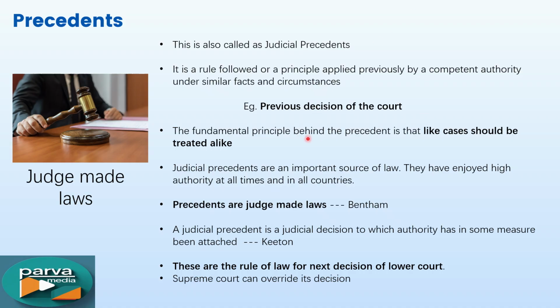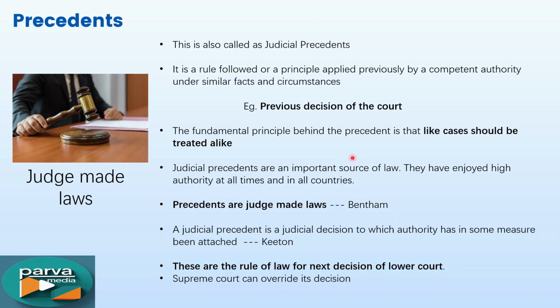The core idea here is fairness and consistency. The core idea why we need precedents is that they bring consistency in judges' decision making. The fundamental principle behind this is that like cases should be treated alike. This ensures predictability in the law and reinforces public confidence in the legal system.